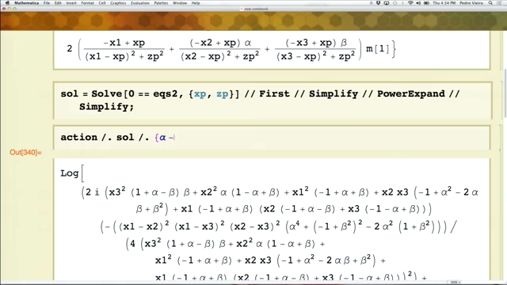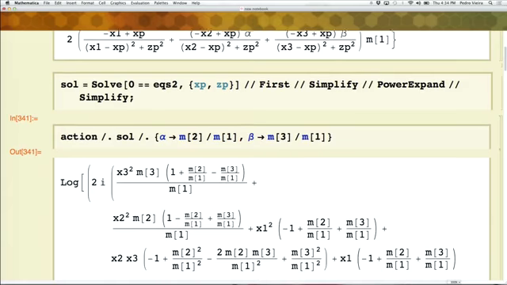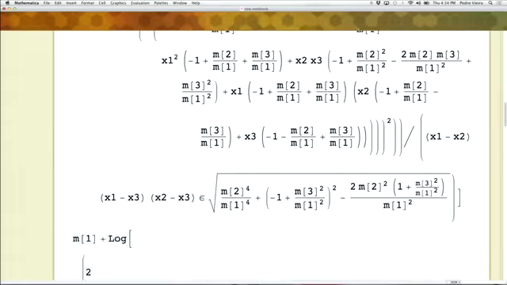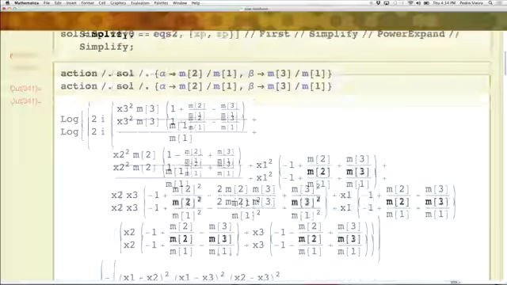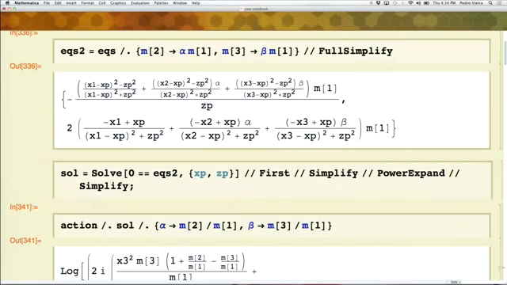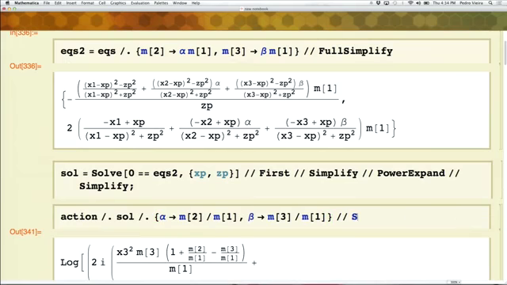And now what do we do? Alpha goes back to M2 over M1, and beta goes back to M3 over M1. Okay, we don't want these alphas and betas anymore. And then this is what we have. And then we simplify.